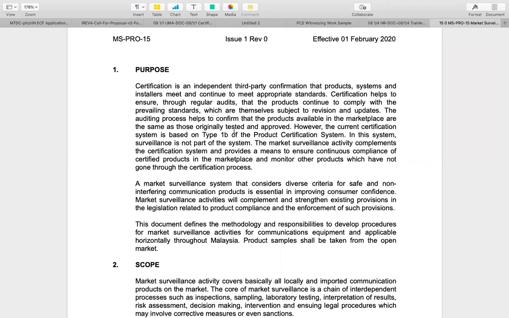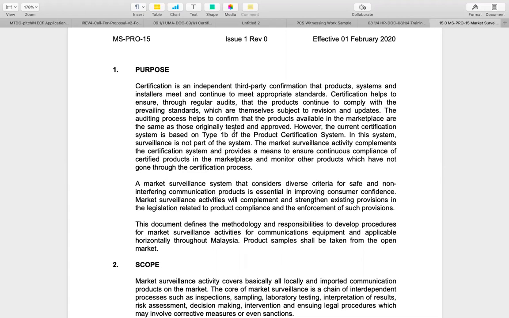Or sometimes the market surveillance needs to be done upon request from the regulator, MCMC in this case. Okay, so these are some of the reasons that we may need to conduct market surveillance.